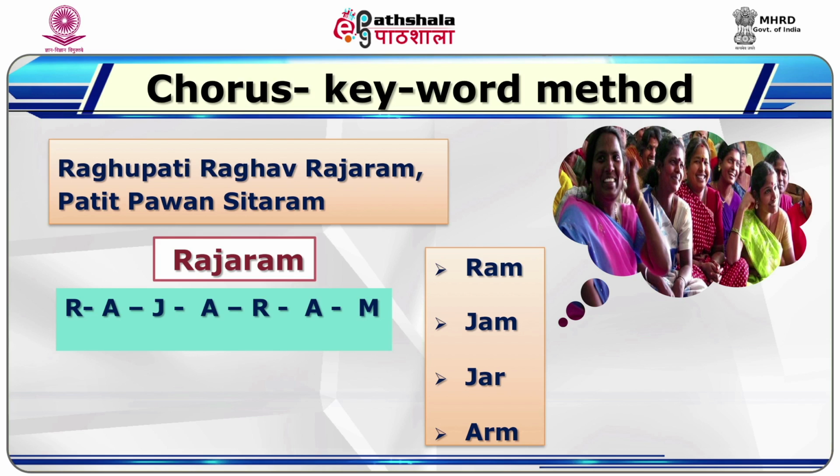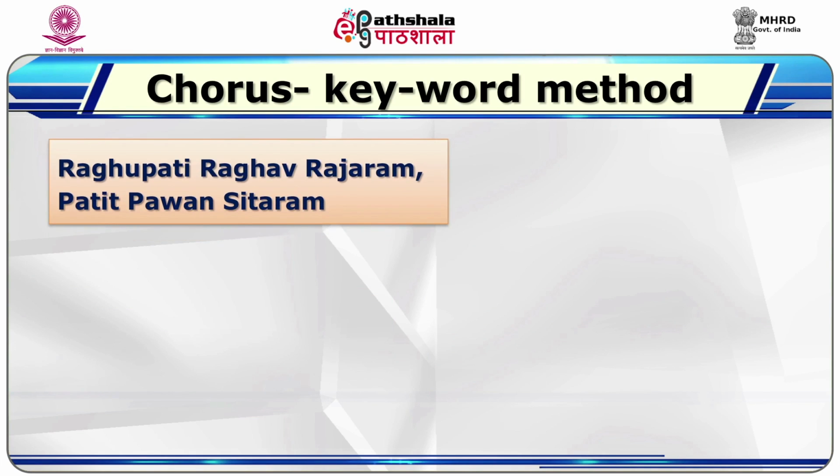So this becomes very interesting for the learners, and they start creating new words, and with the help of new words they prepare new sentences. Now the same story is explained in English. We choose the chorus, Raghupati Raghava Raja Ram Patita Pavana Sita Ram. From this chorus, we choose one word, Raja Ram.